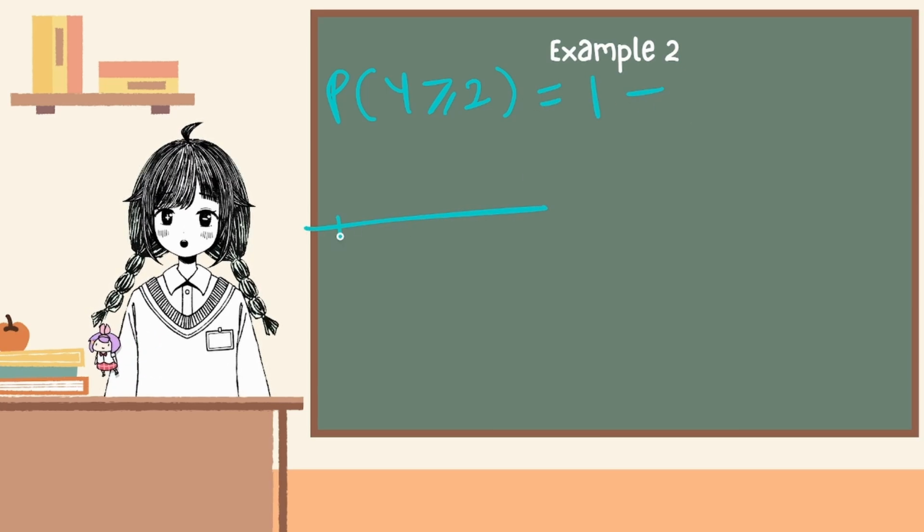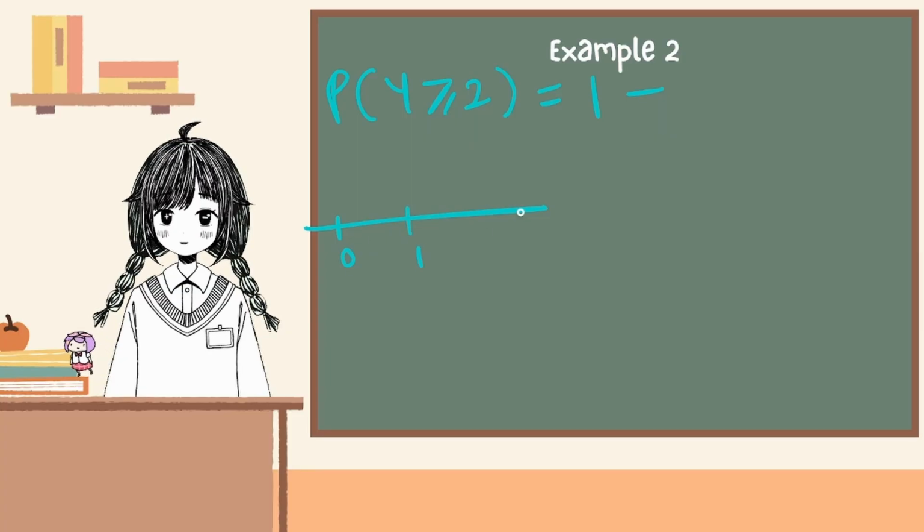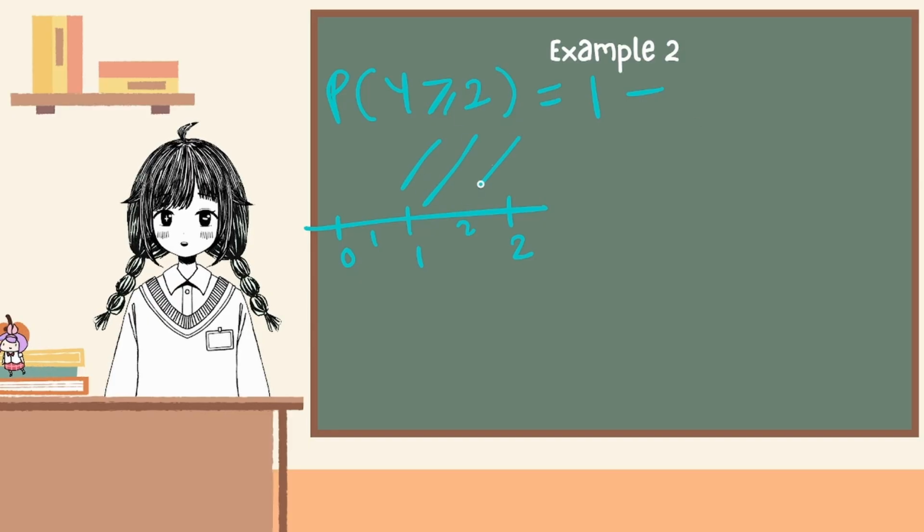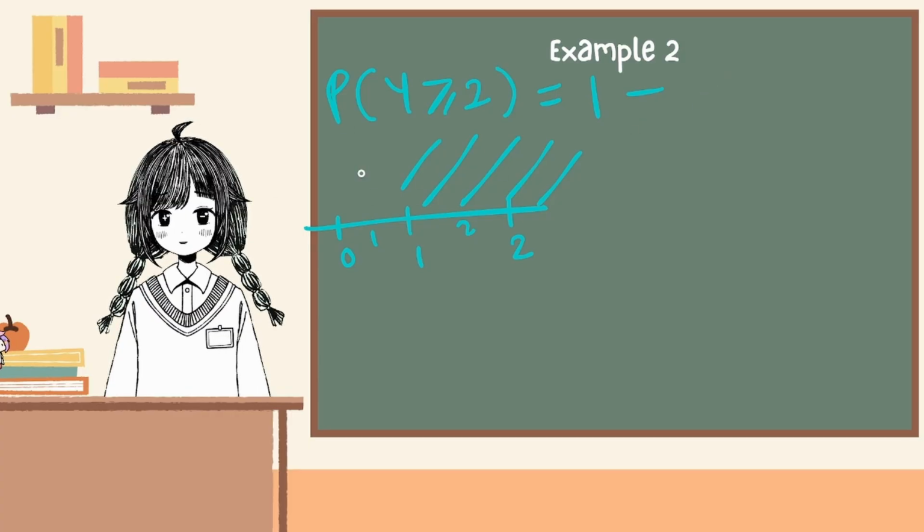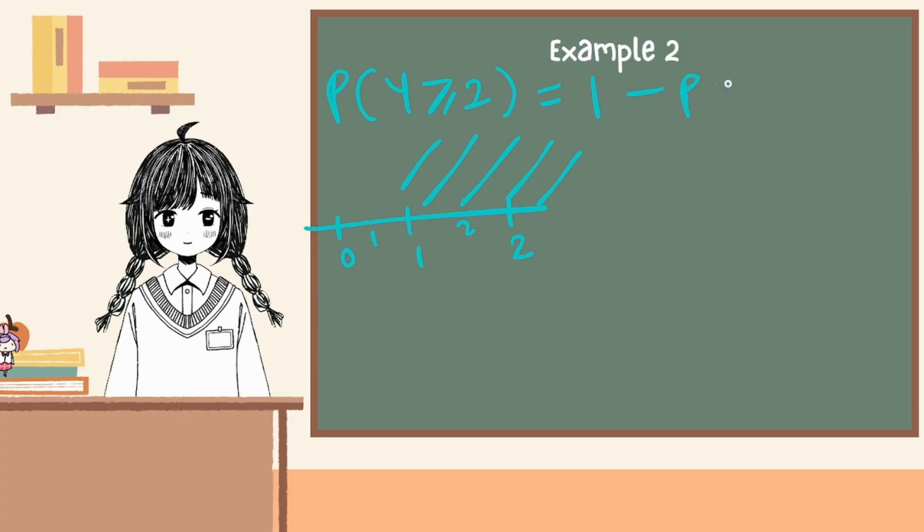Now we try the graph method. More than or equal to 2 means including 2, so our final graph will look like this. 1 minus, get rid of this, which means P(Y less than or equal to 1).